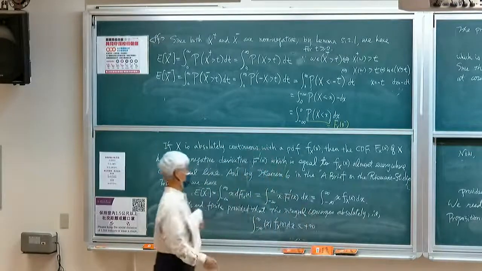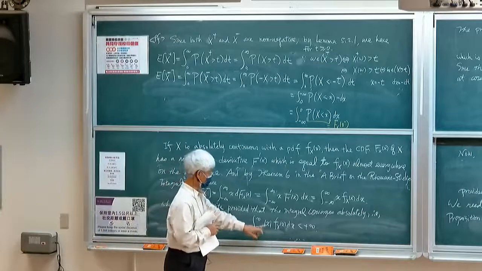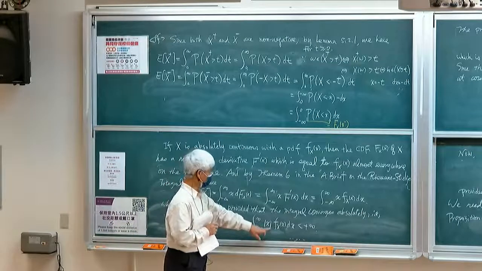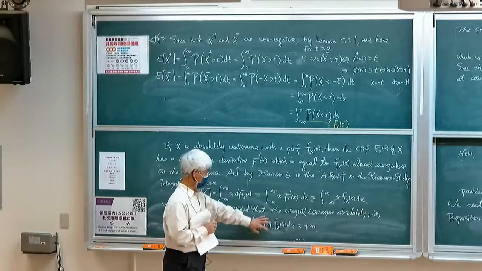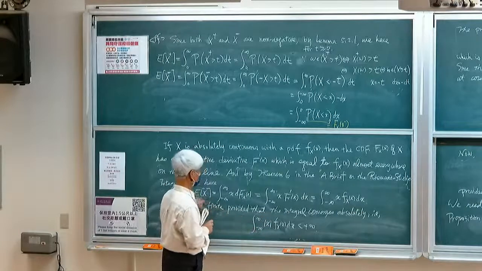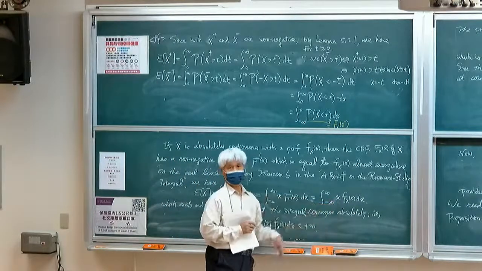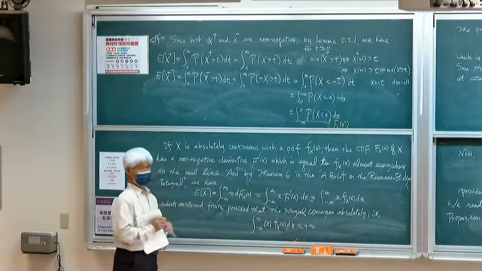So in general, we usually first evaluate this improper Riemann integral. If this is finite, then we are sure that this Riemann integral is also finite, and this Riemann integral is equal to the expectation of X.